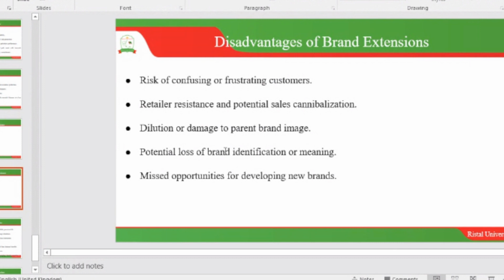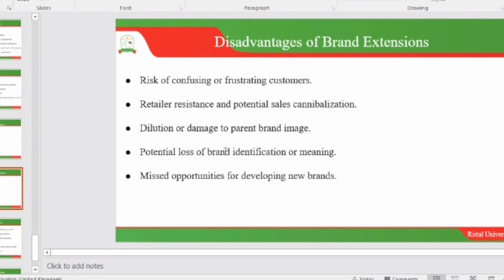Then there's potential loss of brand identification, meaning that people may think Coca-Cola or Coke Zero is a different brand and therefore a different manufacturer. So sometimes you may realize that people are inclined toward your new product and are leaving the older product, because they probably assume that the new one is a different one.